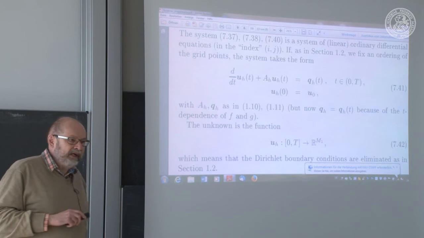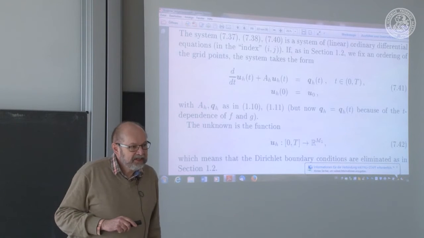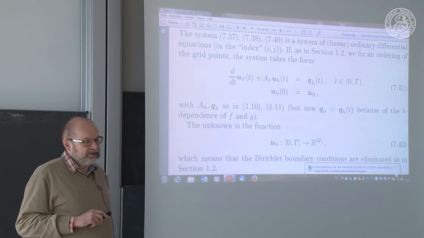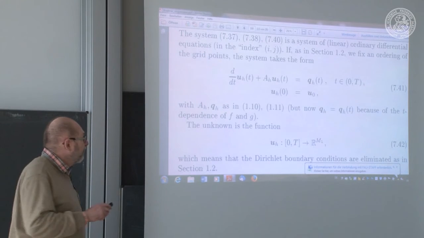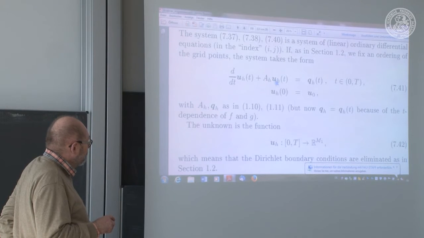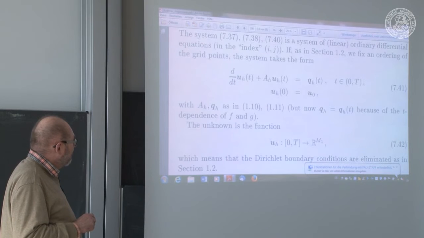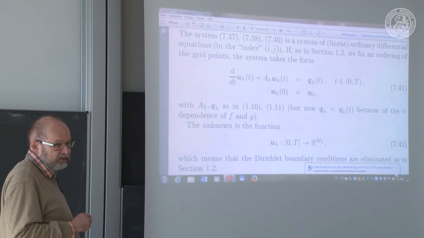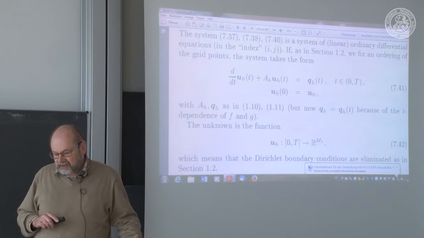And even if you had not had a course in ODEs, at least I would hope you have heard about this in linear algebra, because it's a very good application of eigenvalues and eigenvectors. If the matrix A is diagonalizable, if we have a basis of eigenvectors and corresponding eigenvalues, then we can represent the solution in terms of this basis. And the exponential, we will do this later on.